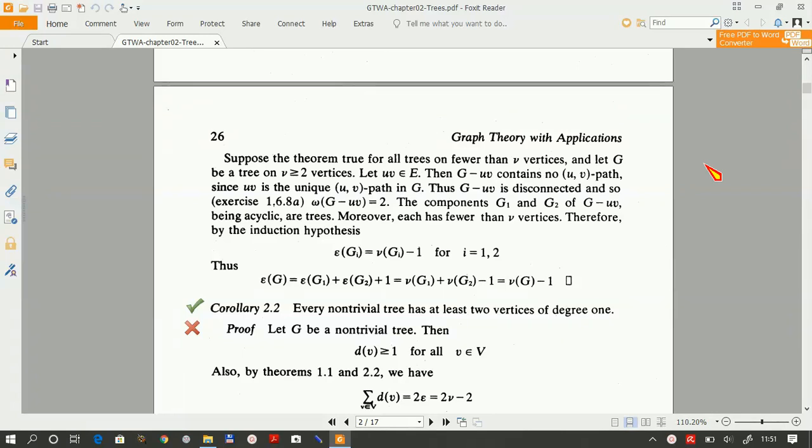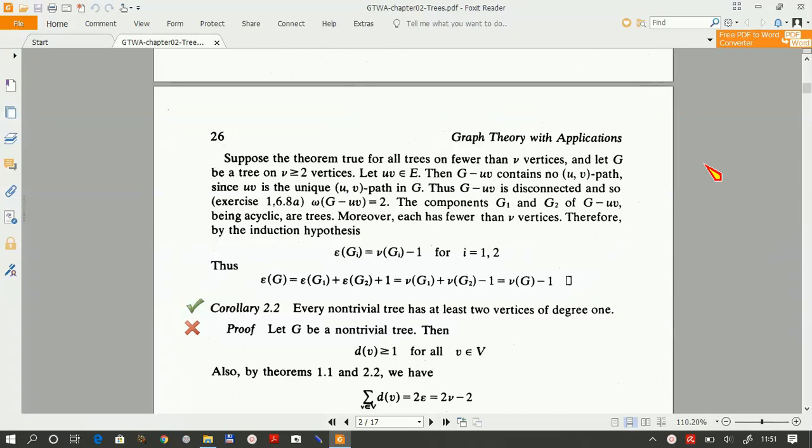So if we want to compute again epsilon of G, we can see that it is, and that is also on the blackboard, epsilon of G1 plus epsilon of G2 plus 1, because we also have to add back the edge we deleted before. Okay?